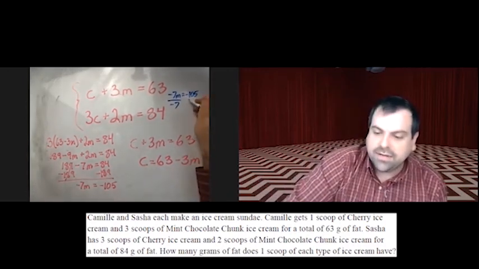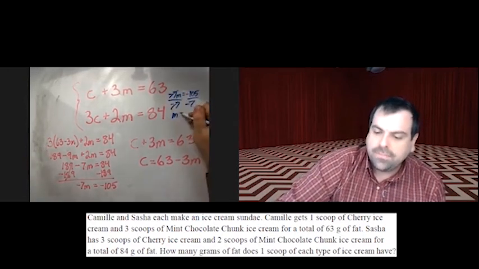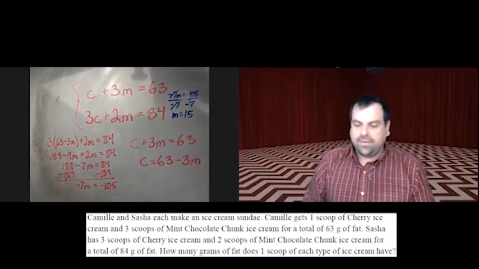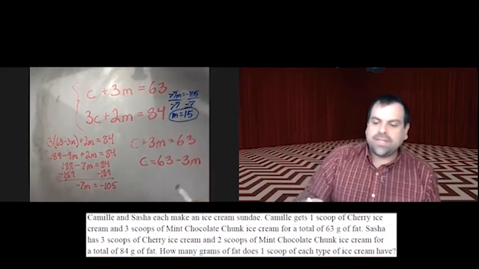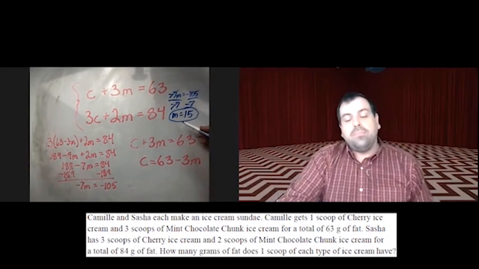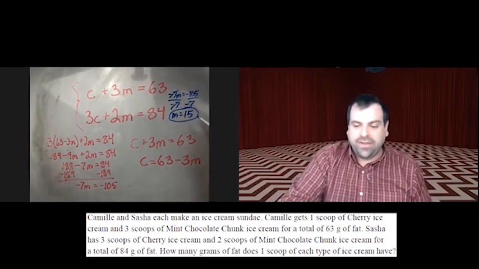Divide both sides by -7. I get M is positive 15. What does that mean? That means that the mint chocolate chunk has 15 grams of fat per serving.